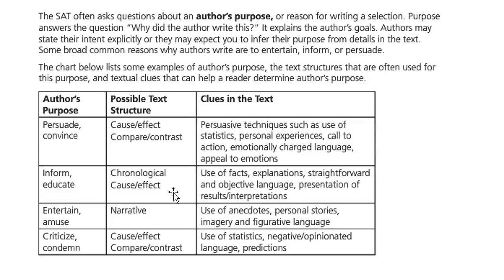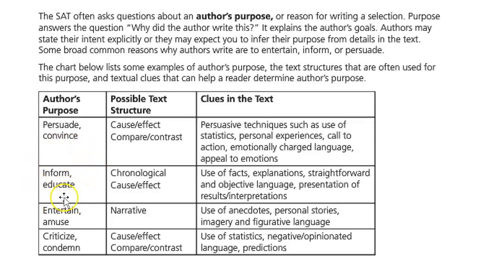So let's take a look at the chart below. If the author's purpose is to persuade or convince us of something, we might read in the text and see certain techniques such as statistics, personal experiences, a call to action, or emotionally charged language. And so if we see these clues in the text, we can infer that the author is probably trying to persuade us of a specific idea or message.